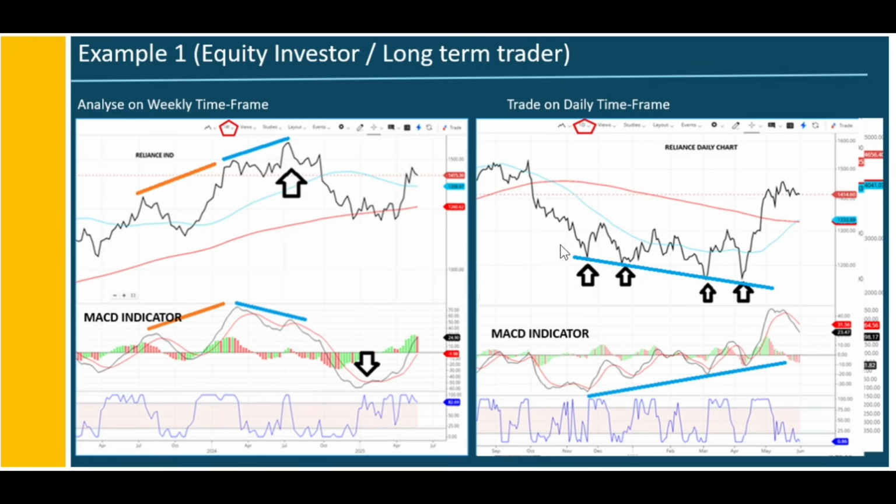At the bottom of MACD, when it breaches the first low of Reliance on the daily chart, I will start slowly buying and averaging out. As Reliance is falling, I won't make a purchase in one single shot. I will not deploy all my capital, but I will wait for signs showing MACD is increasing and showing me divergence, and I will try to buy Reliance and average it out in the next 3 or 4 steps.